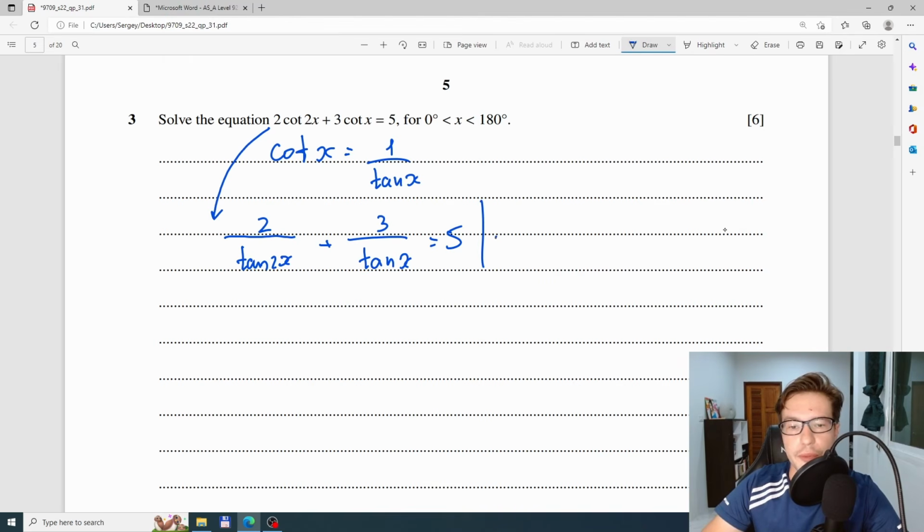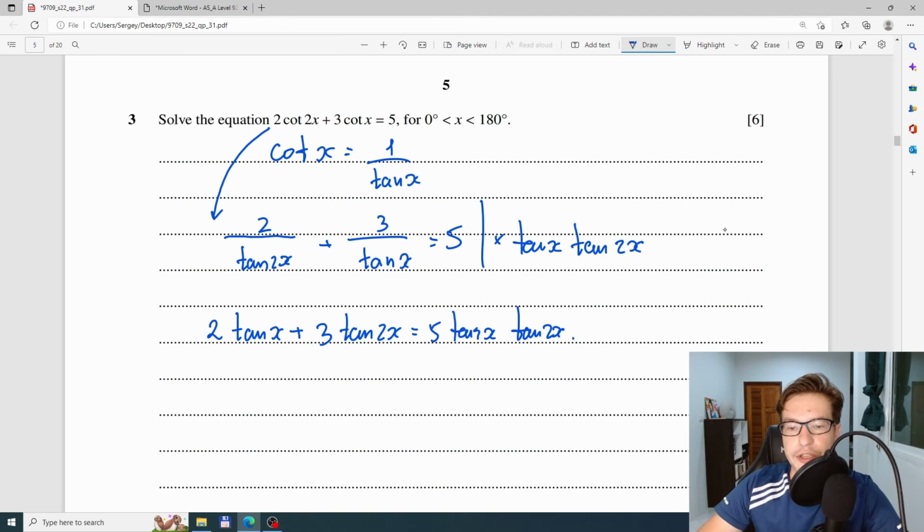Now I will multiply both sides by tangent x and tangent 2x. So that means I will get 2 times tan x plus 3 times tangent 2x equals 5 tan x tangent 2x.